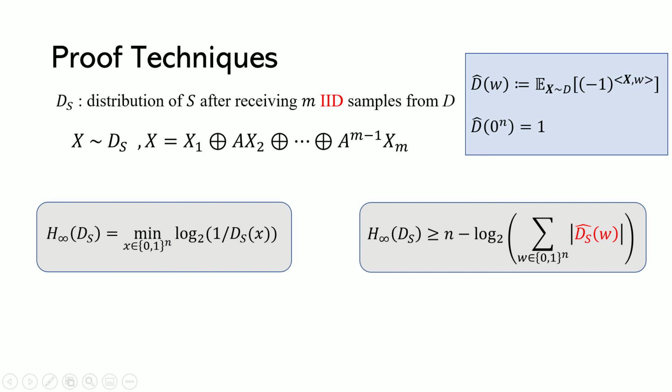After receiving m RID samples, we formally denote the distribution of S as ds. We want to compute the mean entropy of ds. If the mean entropy of ds is approximately n, then ds is close to the uniform distribution.